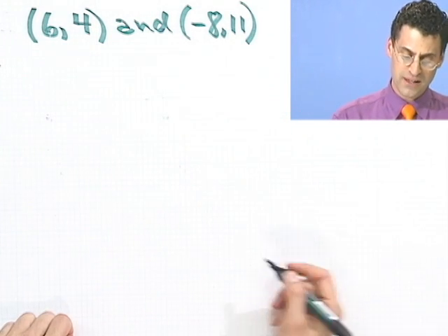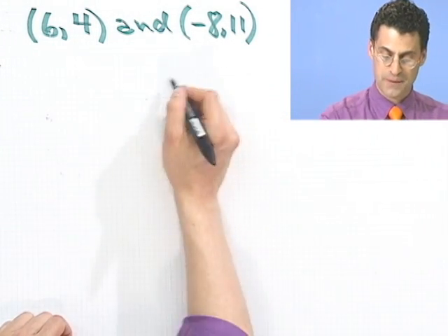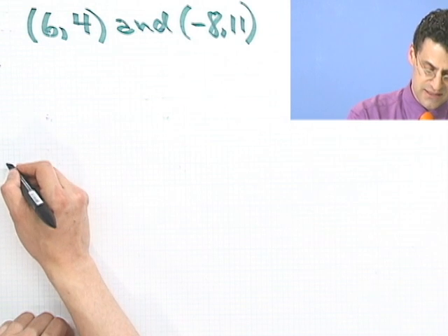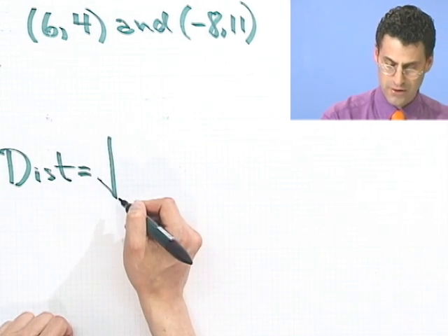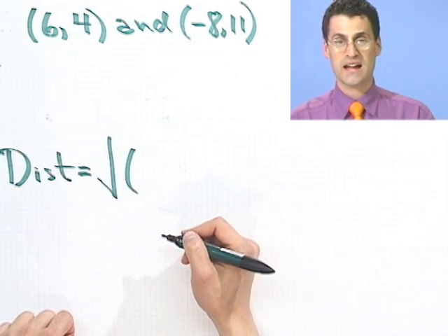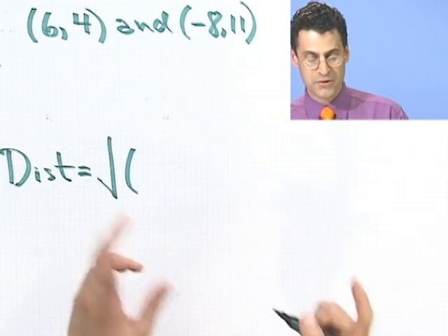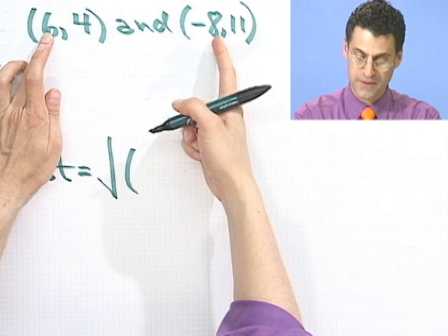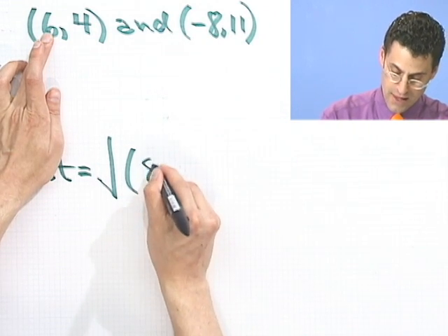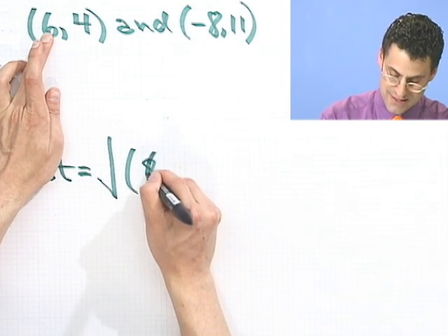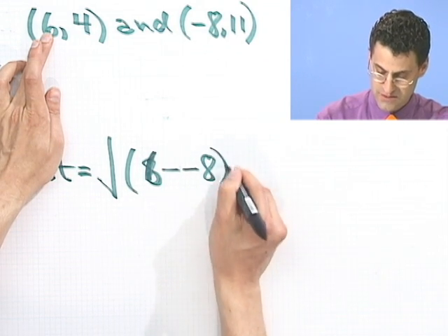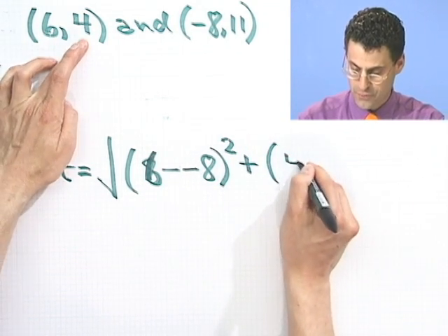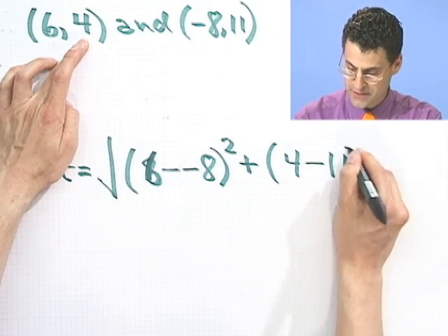Well, what I do is you can think about it graphically and set up the triangle, and we'd see that the distance would equal the square root, and I take the differences of the x's. Now, the important thing here is to always subtract sort of this x from, let's say, that x. So that would be, whoops, so I'm writing the wrong thing. 6 minus negative 8 squared plus 4 minus 11 squared.